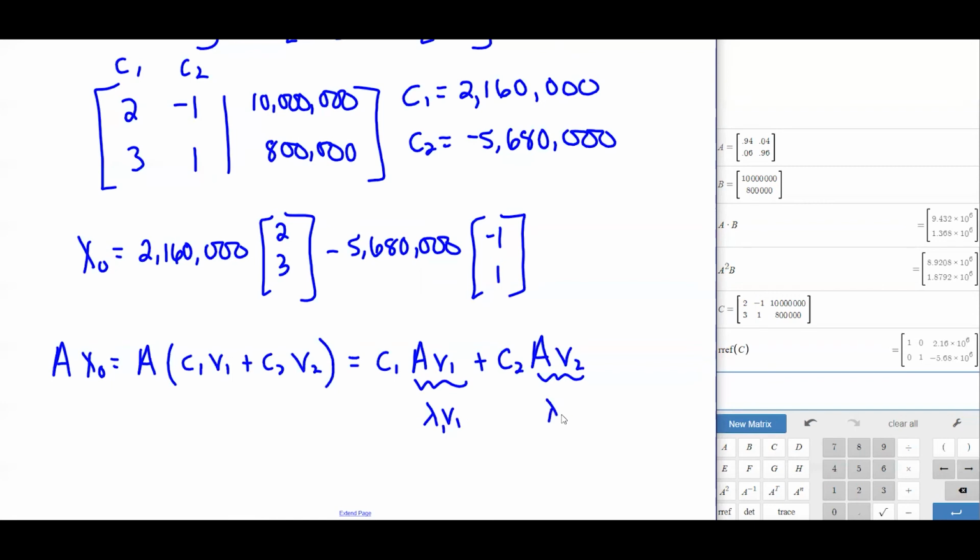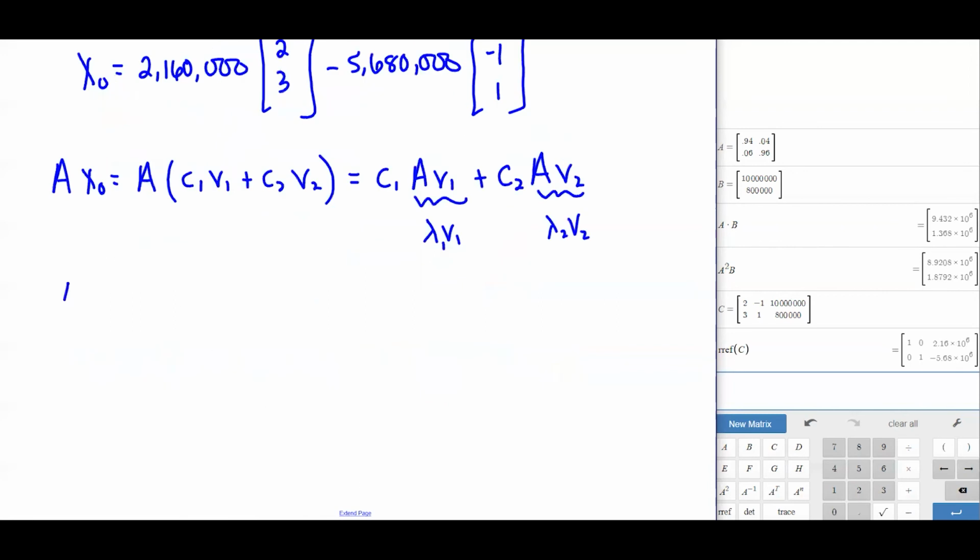And same thing here. This is lambda 2 times V2. So when I multiply by A, this A times x naught, it's the same thing as C1 lambda 1 V1 plus C2 lambda 2 V2.